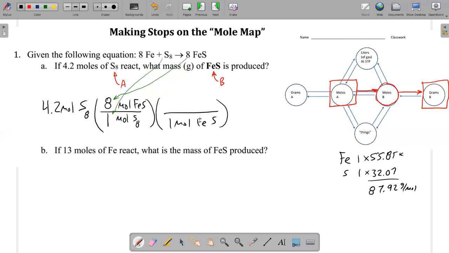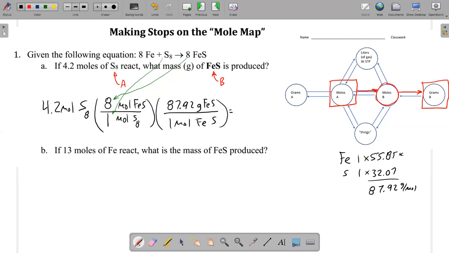So the mass of iron sulfide is 87.92 grams. Notice I write what chemical it is when you do the conversion, because that allows you to keep track of what chemical you're working with and which one you're on.